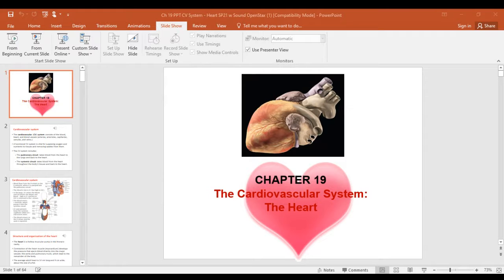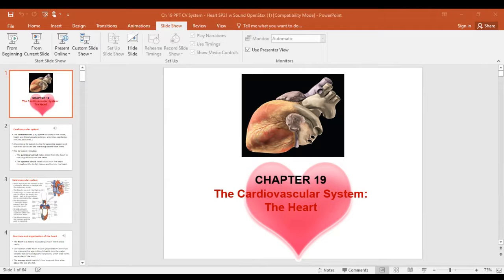We've all seen on TV shows where a heart surgeon takes a heart out of a living patient to do a transplant or something, and completely removes it out of the patient, and it's still beating by itself. It's not connected to a person anymore, and it just continues to beat because it has its own built-in pacemaker that's part of the heart. The main pacemaker that initiates or begins every heartbeat is called the sinoatrial node.